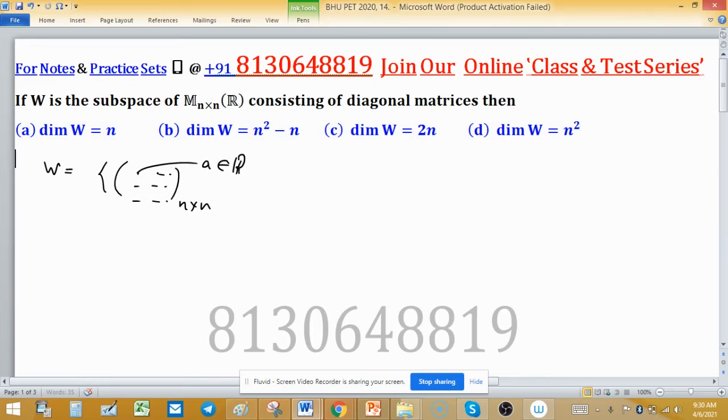It may be 0, 1, minus 1, fractional, rational, anyone from the real line. So these are the elements of W. Now we have to tell about the dimension of W.